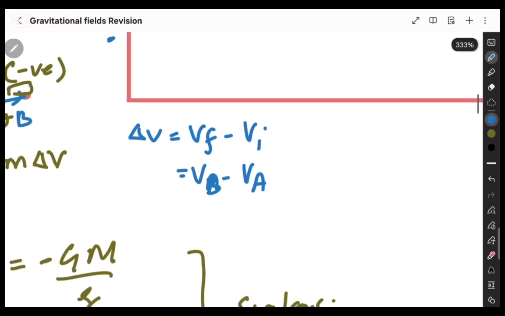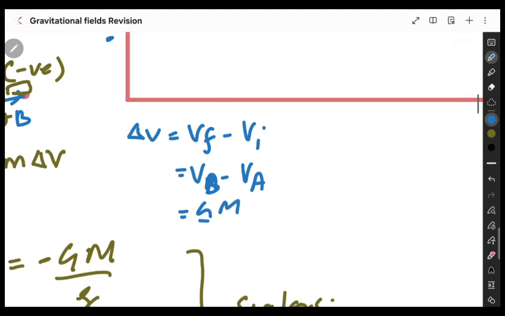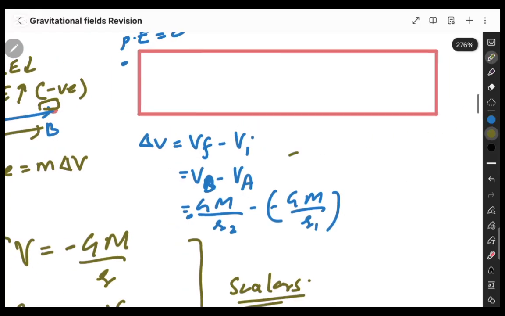So now I'm just going to plug in the values. So minus Gm over R2, minus, this is a minus sign by the way, minus Gm over R1, which is minus minus Gm over R1. Now minus minus becomes plus, so we get minus Gm over R2 plus Gm over R1.